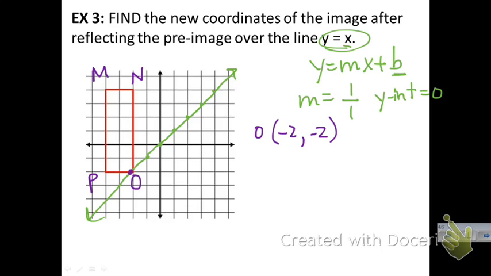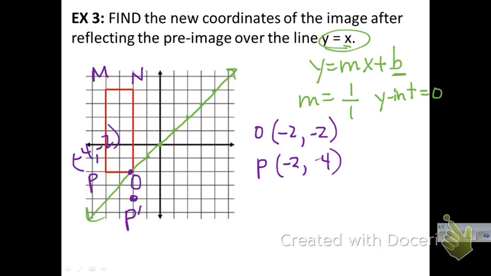Then let's say P is going to come down here. And we can see that it is back 2, down 4, and its original point was actually back 4, down 2.